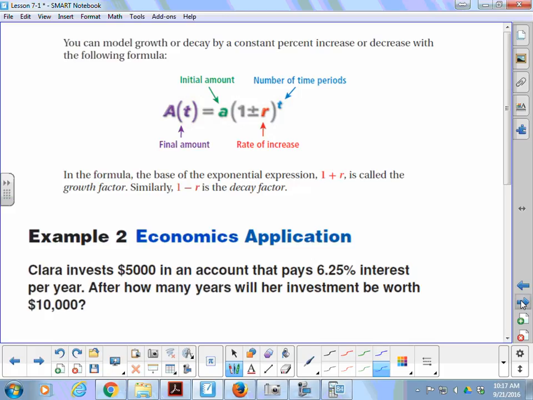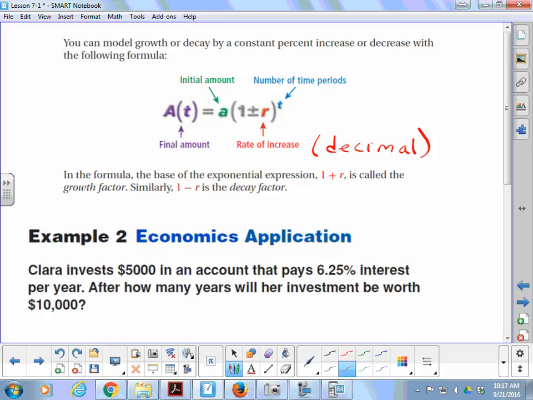The value of a is the initial amount, which we talked about already. It's the starting point. And we have 1, because that's where everything starts, 100%. We either go up if we're increasing from 100%, or go down if we're decreasing from 100%. R is the rate of increase, as a decimal, so you have to change all the percents to decimals.